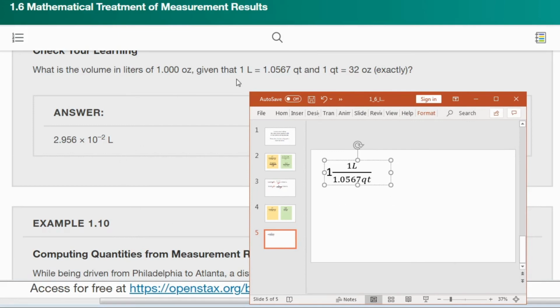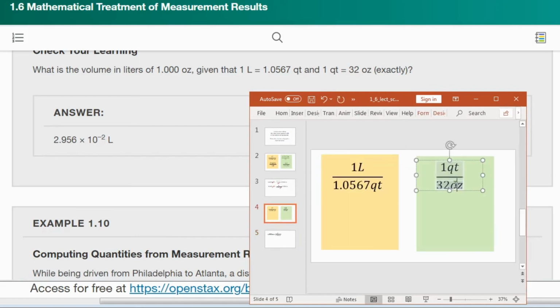So we're going to take 1.000 ounces and we'll multiply it by a conversion factor. We'll multiply it by two conversion factors in the same equation.